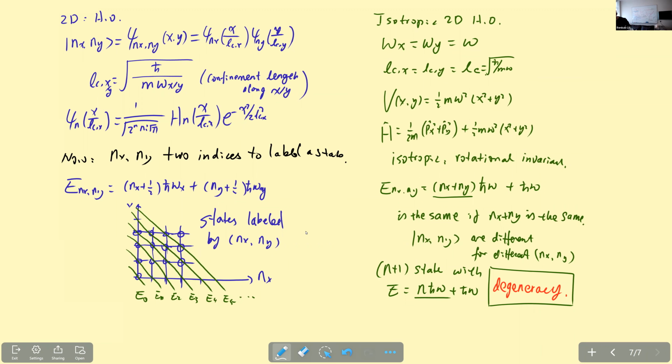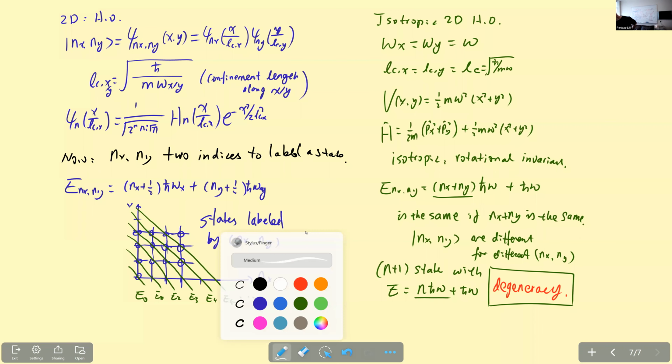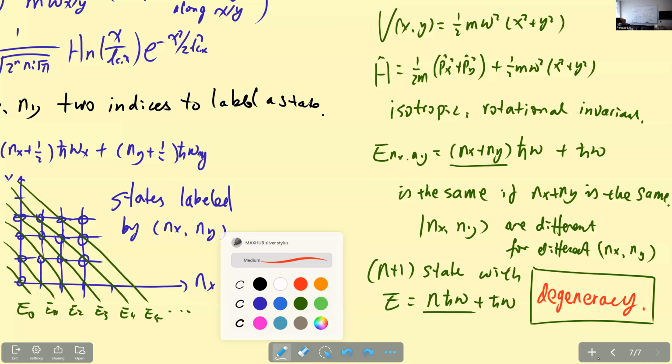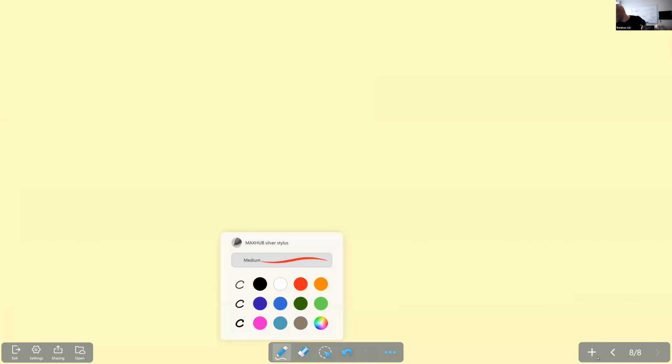Of course, you also have rotational symmetry. That means if you do a rotation of the system, the state energy is not changed.